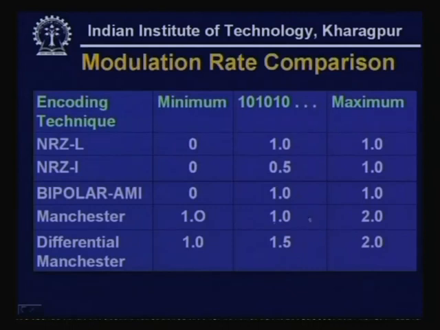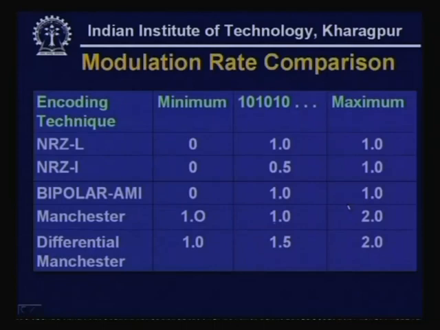And as you can see here, from the viewpoint of modulation rate, we find that bipolar AMI has got good characteristic. On the other hand, the Manchester and differential Manchester require higher modulation rate compared to the other schemes, and as a result they are not very attractive from this viewpoint.